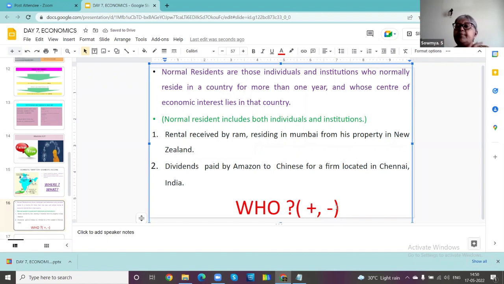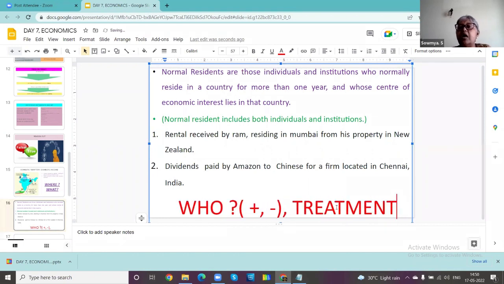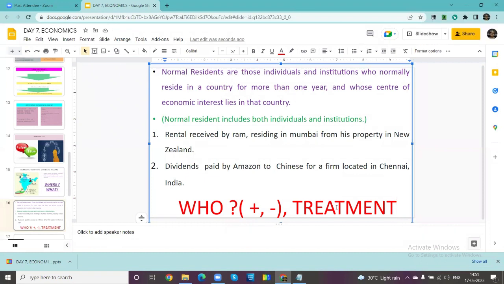I would say forget about added or deducted, that comes secondly. Write the treatment, how it is treated, as what item, which method, as what item it is treated. That is what you should write.